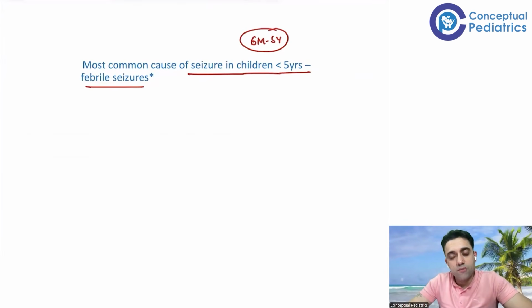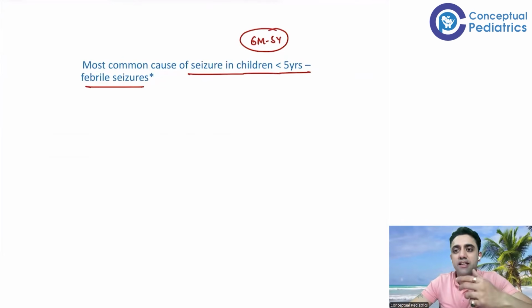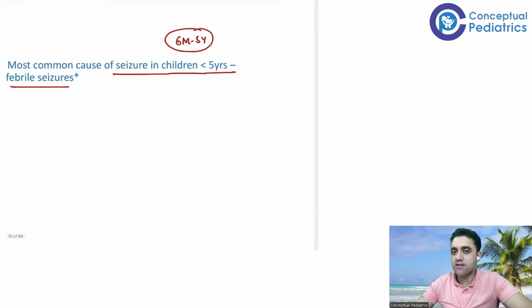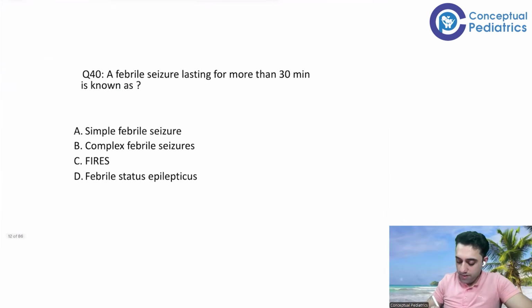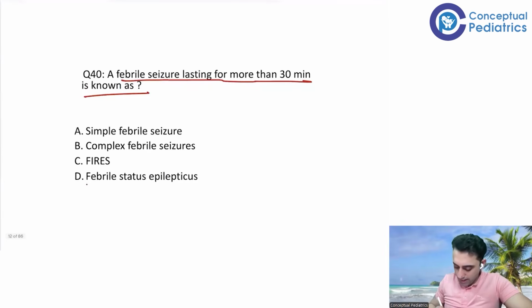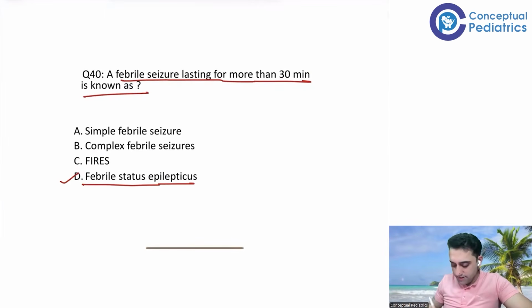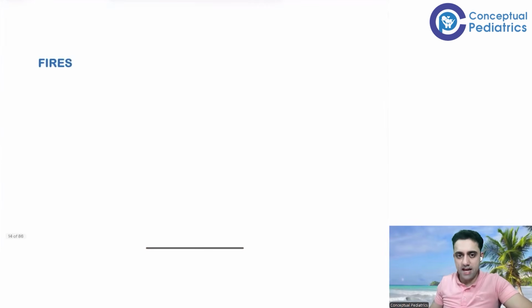And which is the most commonest cause of seizure in a newborn baby? He has not cried immediately after birth, known as delayed cry, or HIE, that is hypoxic ischemic encephalopathy. Febrile seizure lasting for 30 minutes is known as what? Yes, febrile status epilepticus. Remember that for exam purposes.